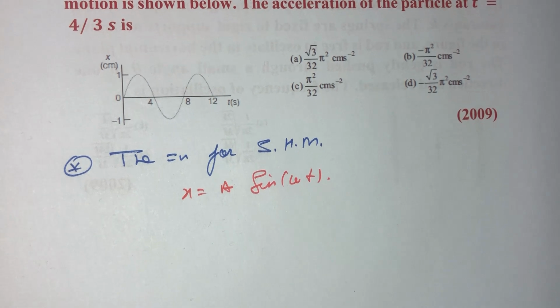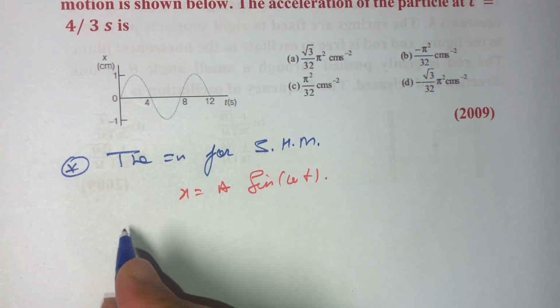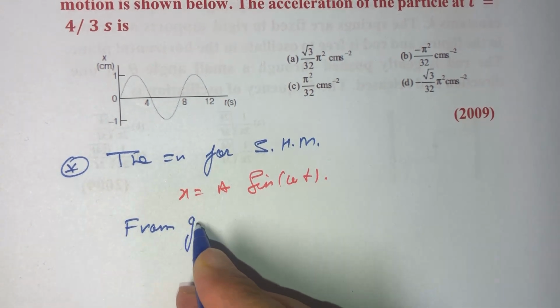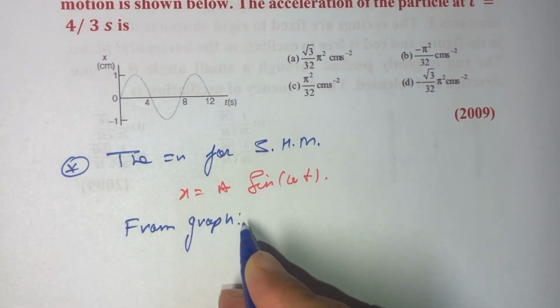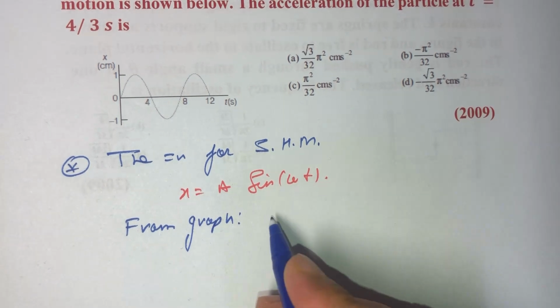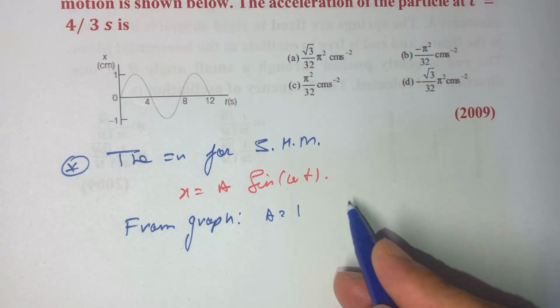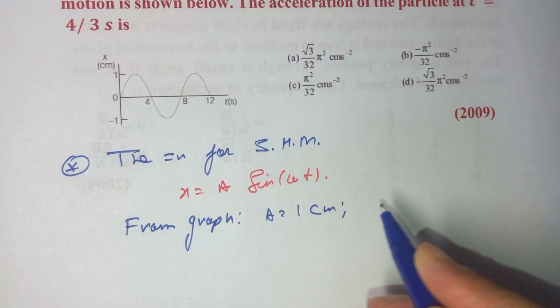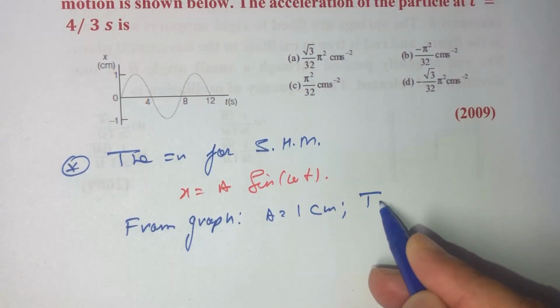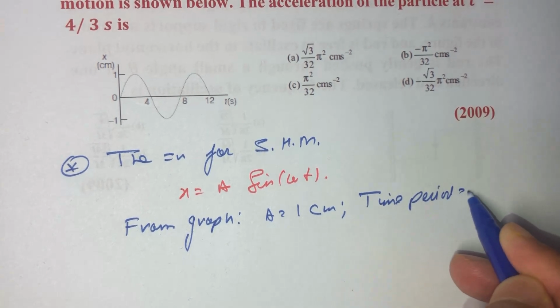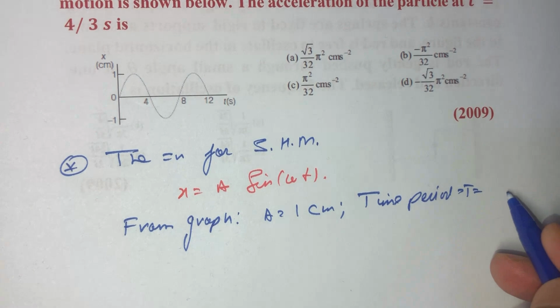and from the graph we have an amplitude of 1 centimeter and time period, that is capital T, is equal to 8 seconds.